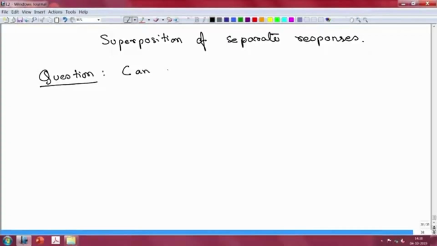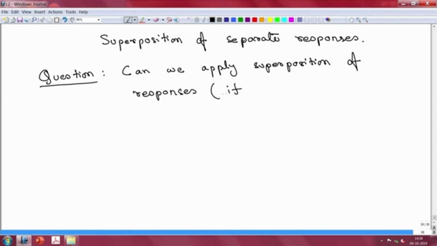Can we always apply superposition of responses, if the same input is applied in different ways?